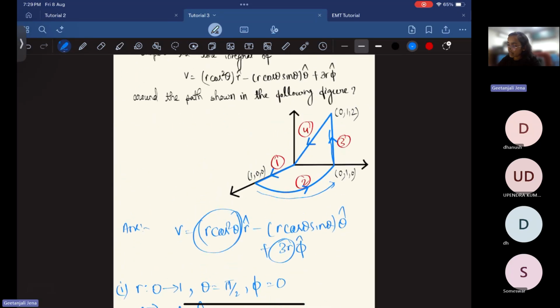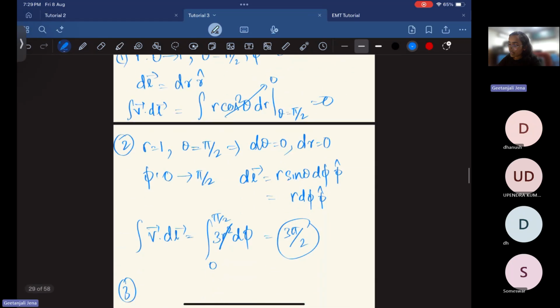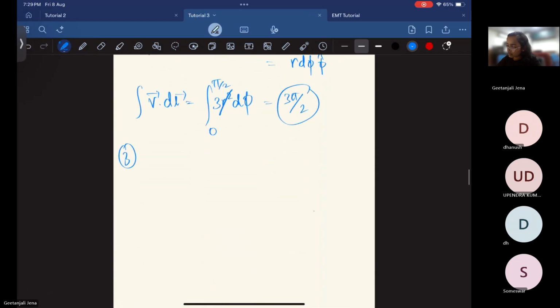For path 3, for this straight line path, here both theta is changing as well as r is also changing. Phi is constant, it is pi by 2. So d phi is 0.